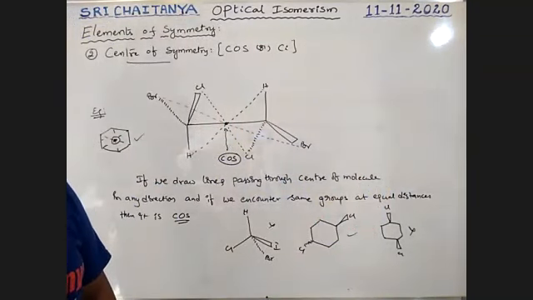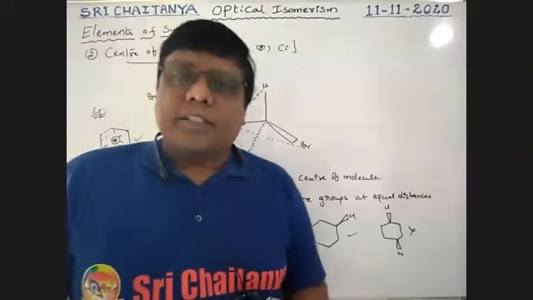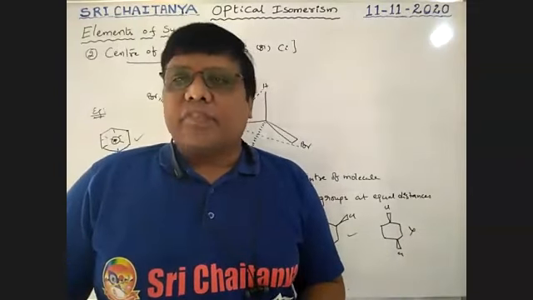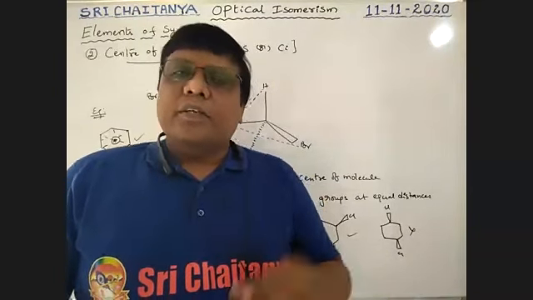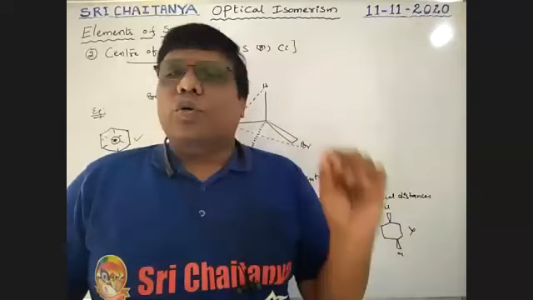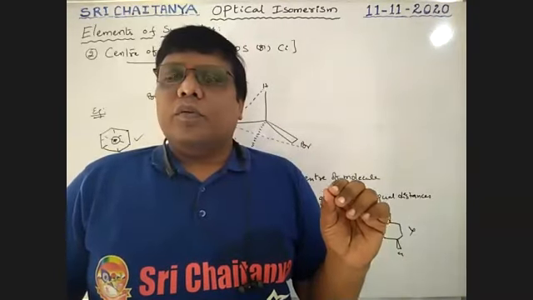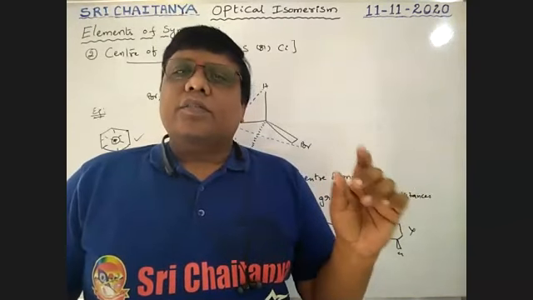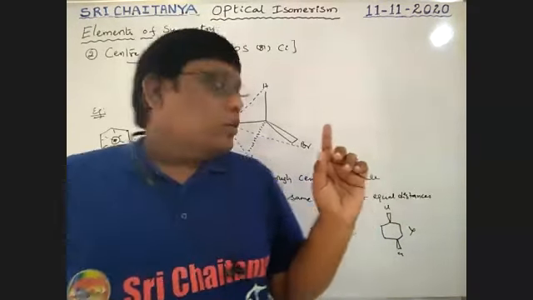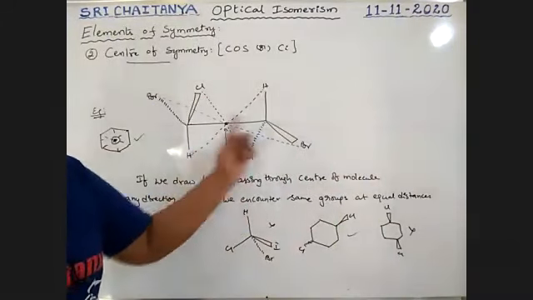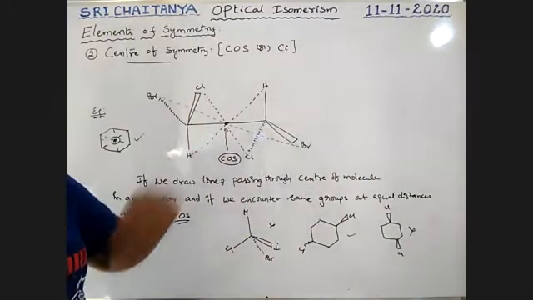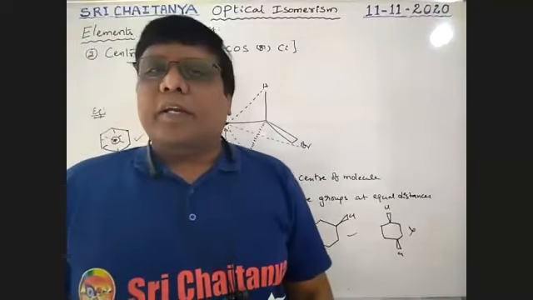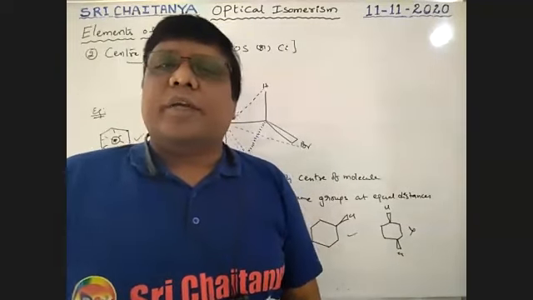Like this, we can identify the center of symmetry. If you draw lines between opposite groups that touch a point, and those groups are identical at equal distance from that point, that point is called the center of symmetry.